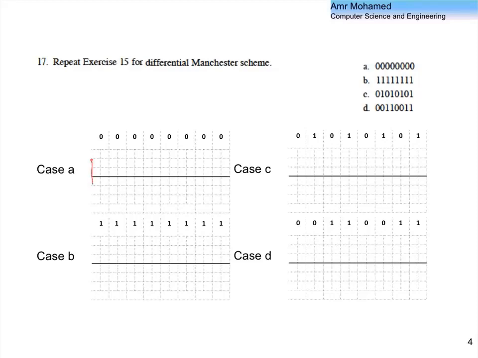If it's 1, then you keep the level straight at the beginning and then you toggle in the middle. So for 0 again, we toggle, then we toggle, and so on.